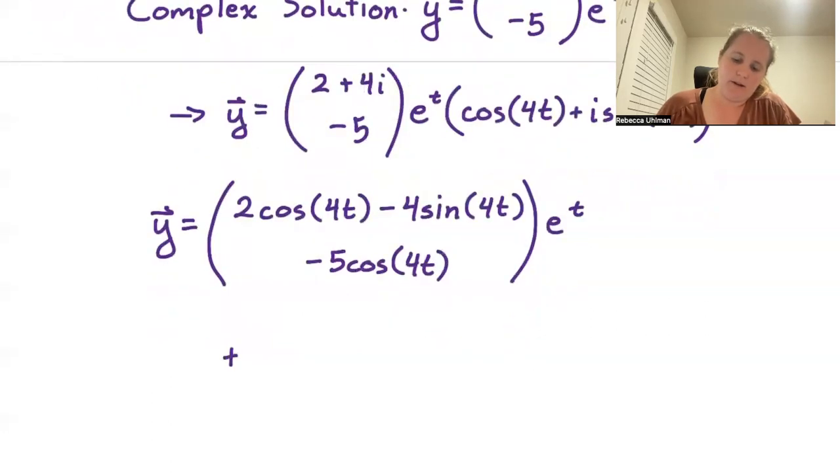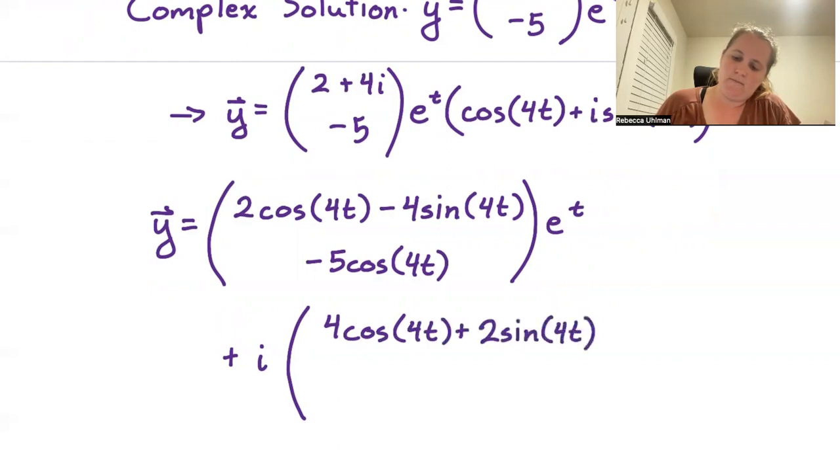Then for our imaginary component, we have plus i times 4 cosine of 4t plus 2 sine of 4t, and the imaginary component in the second position would just be negative 5 sine of 4t.